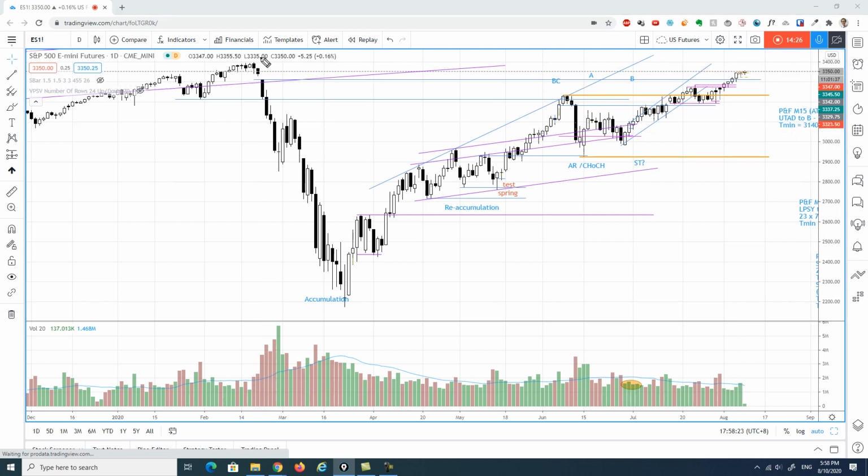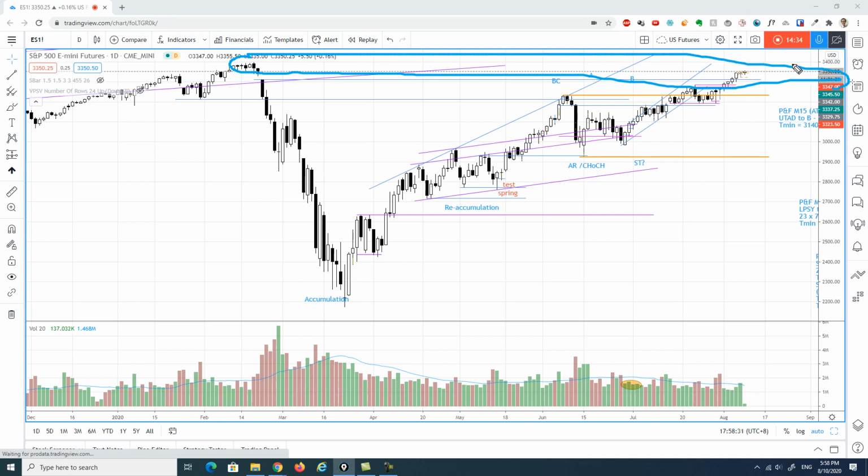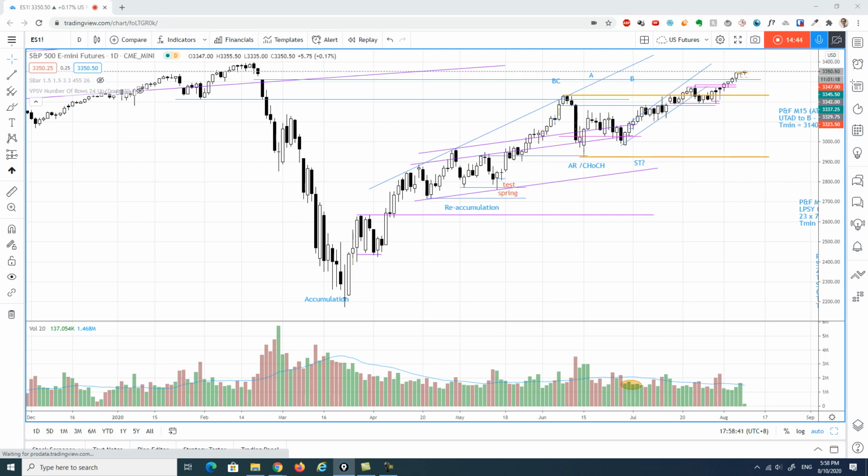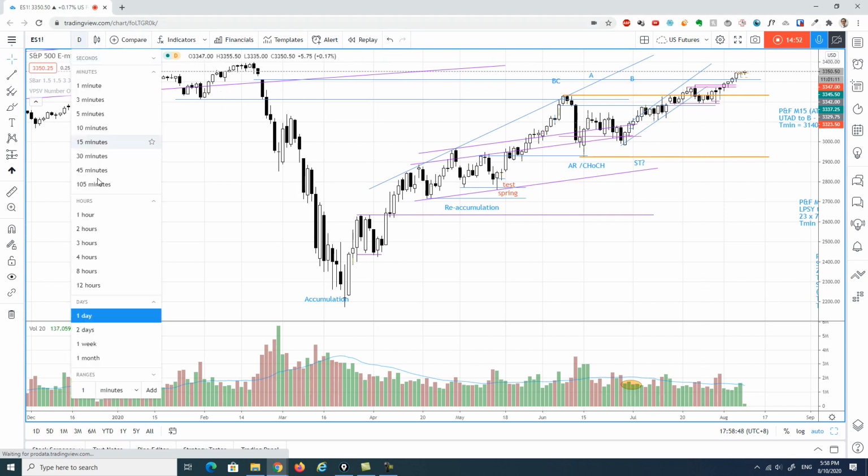So I think we should be able to see some kind of test at the all-time high level. The immediate resistance level would be around 33.85 to the all-time high near the 3400 level. And for the immediate support level, I have already talked about 33.35 to 33.45. So these are the levels that I will be watching.